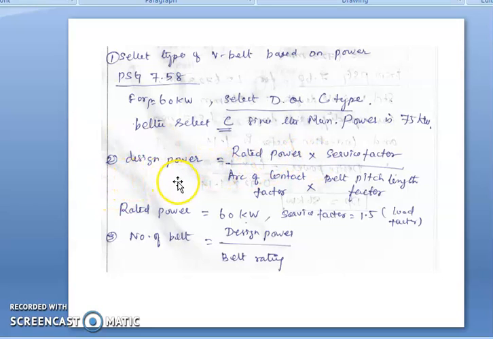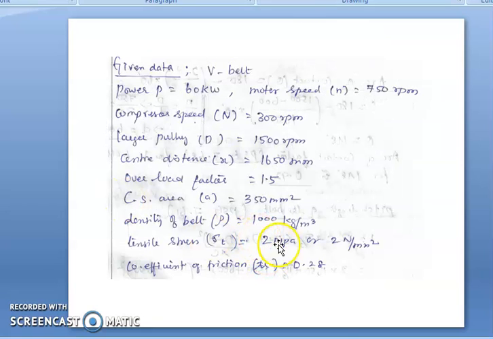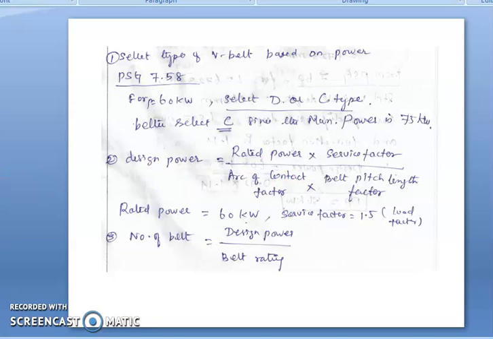And then design power is equal to rated power into service factor into arc of contact factor into belt pitch length factor. We already know the rated power is nothing but the given power. Then the service factor, in the given data we already discussed, the overhanging factor is called the service factor.